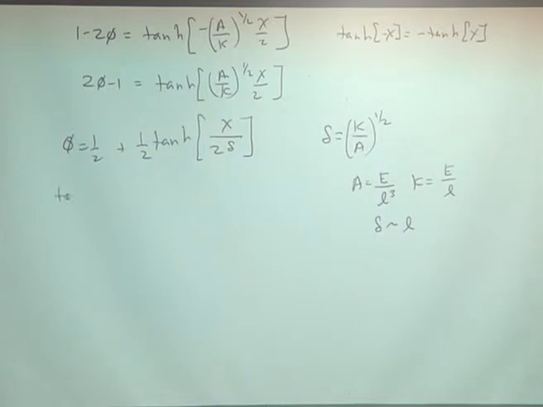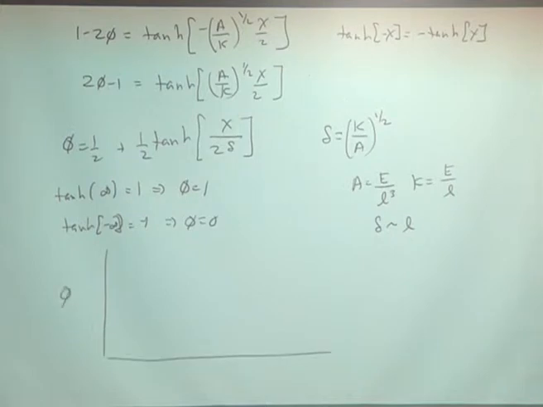The tangent of infinity is going to be equal to 1, which implies that phi is equal to 1. And the tangent of minus infinity is equal to -1, which implies that phi is equal to 0. And so you have a plot that looks something like this.